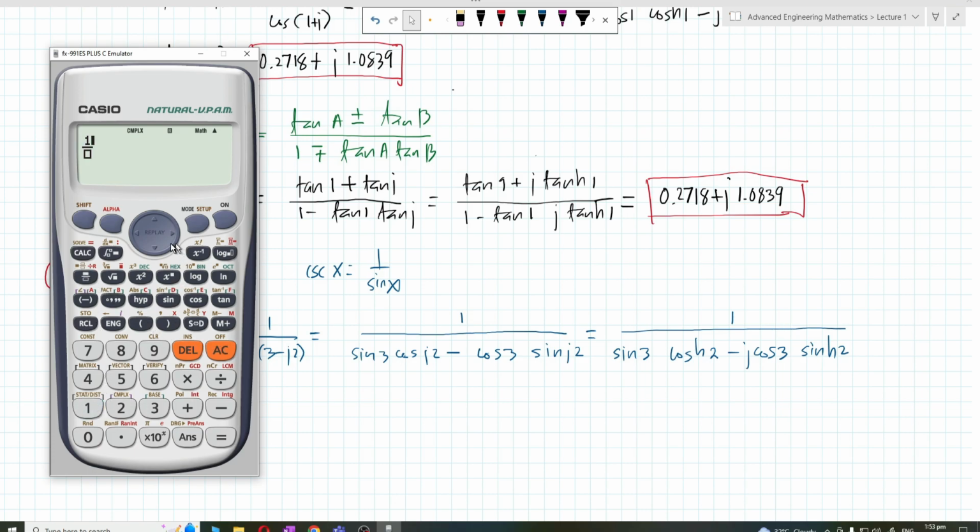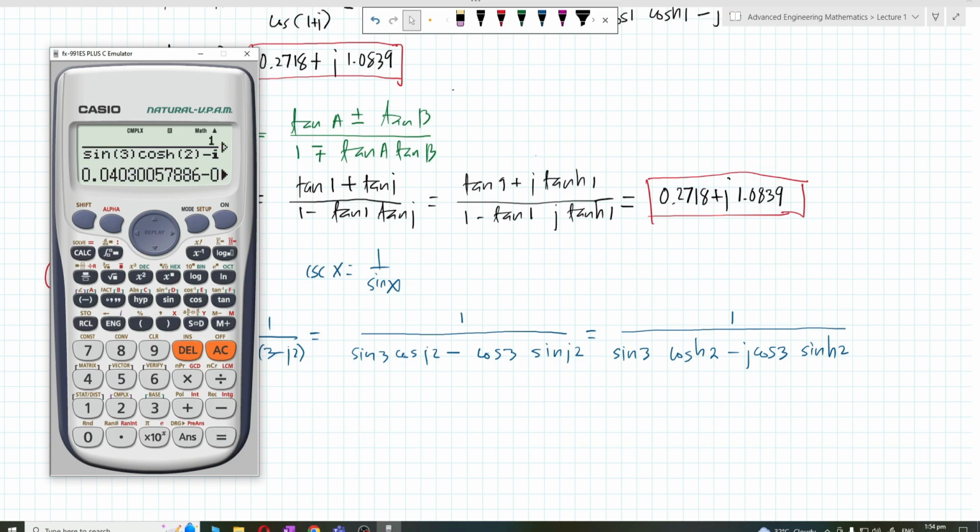One over what? Sine of 3 hyperbolic cosine of 2, minus j cosine 3 hyperbolic sine of 2.